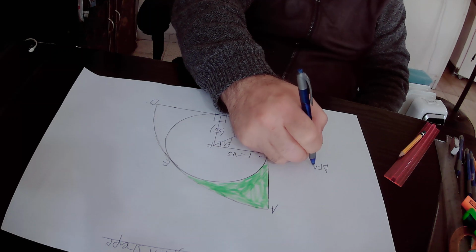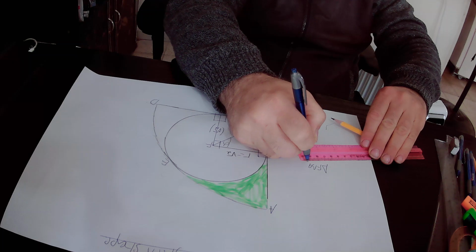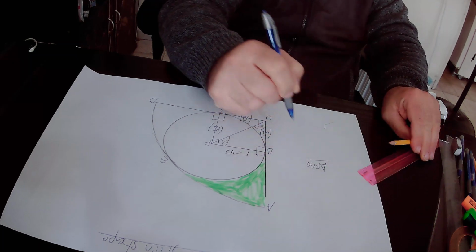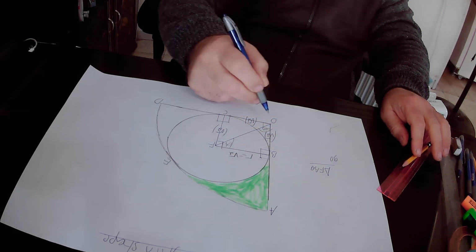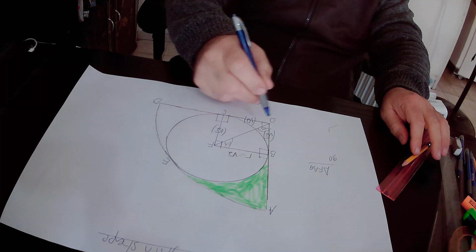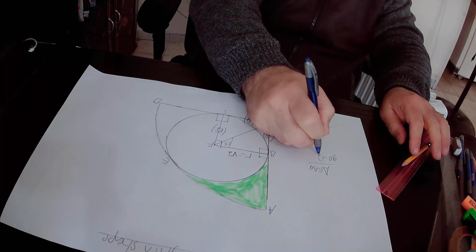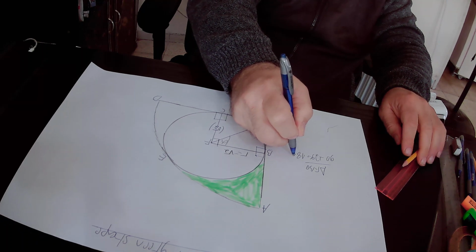We have this angle equal to 90 degrees. This angle equals alpha, and the other angle also equals alpha, so 90 degrees plus 2 alpha. In total, they must be equal to 180 degrees according to the rule that I mentioned.